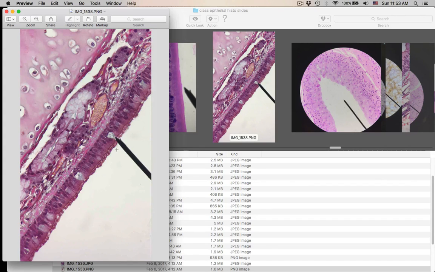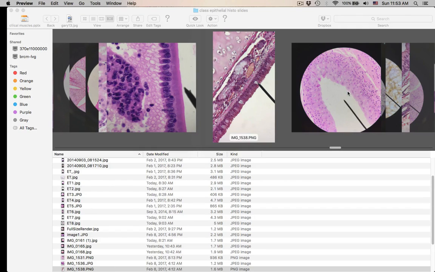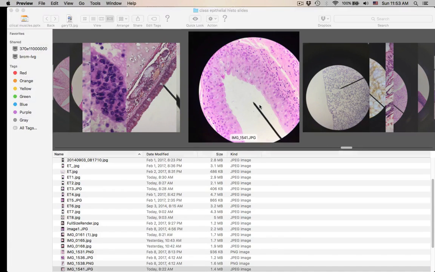That mucus is sticky, and if we're inhaling any particles, those particles are going to be sticking to the mucus because we do not want those particles that we breathe in to go in deep into our lungs. We want to trap them. And you can already tell this is hyaline cartilage, right? So this is probably from the trachea here. That was number 24, so number 25.